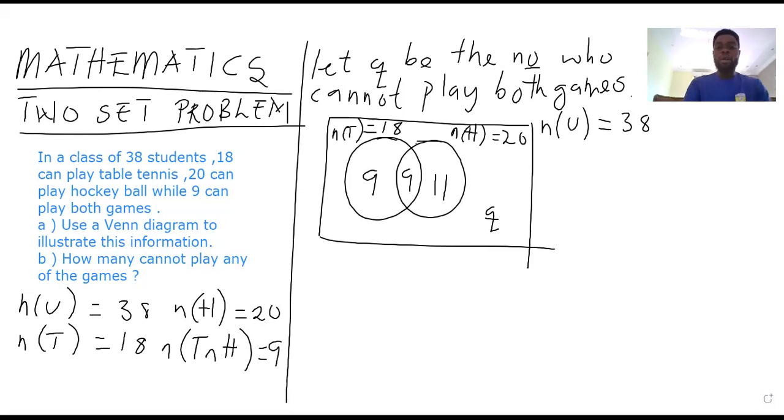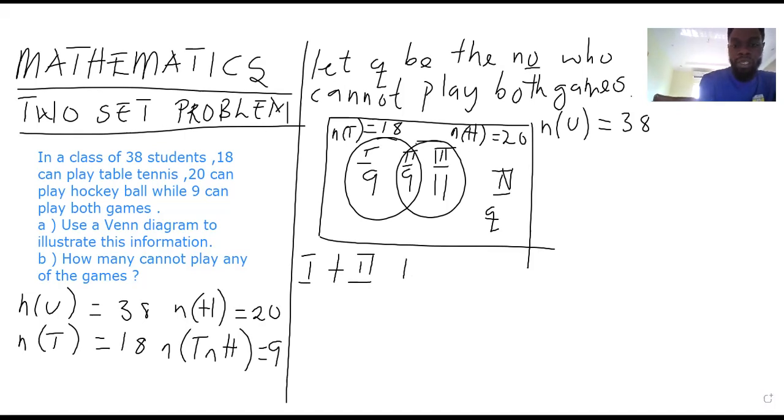Remember that there's my region 1, region 2, region 3, region 4. Okay, if I add region 1 plus region 2 plus region 3 plus region 4, that should give me the number of U, right?